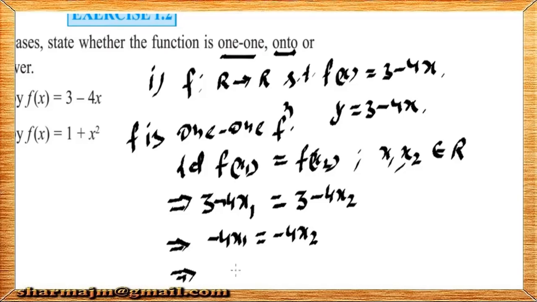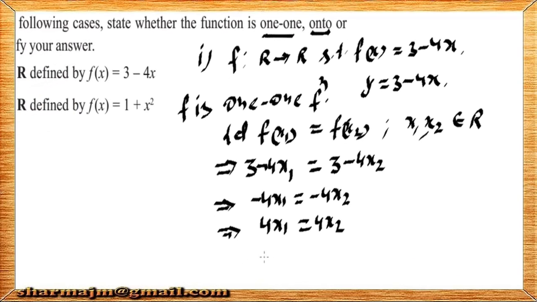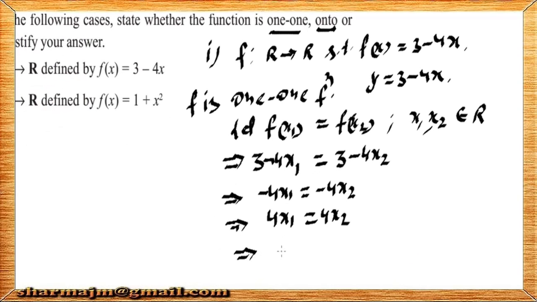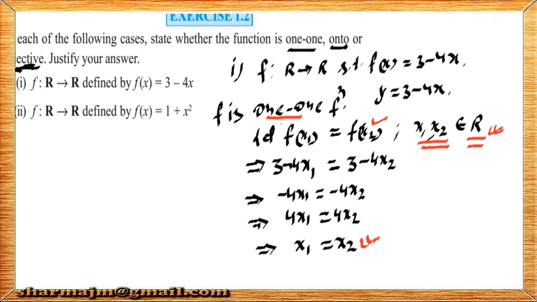Multiplying both sides by minus 1, we have 4x1 is equal to 4x2, which implies x1 is equal to x2. So we observe f of x1 equal to f of x2 then x1 equal to x2, and that is true for all x1, x2 in domain. So this function is 1-1.